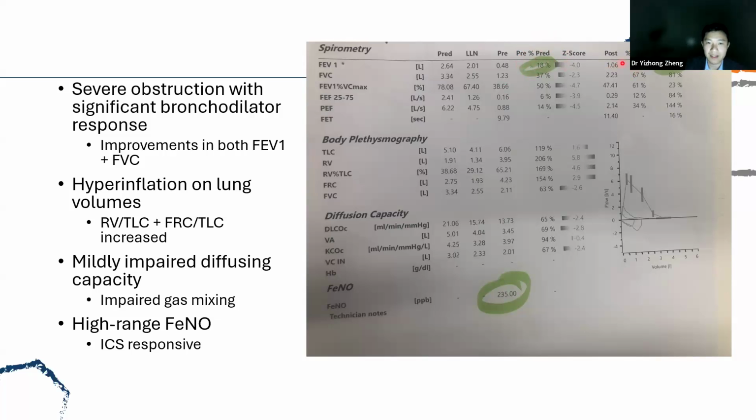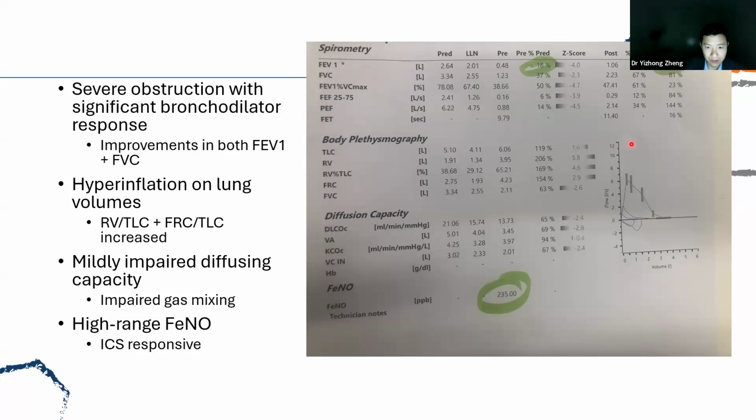That's more than 10%, so that's a positive bronchodilator response in the new system. In the old system, we would go 1.06, take away 0.48. That's more than 200 mils. And then look at the percentage change. Well, this is pretty obvious, 122% change. So this is a positive bronchodilator response in both the previous and the current recommended interpretation strategies.